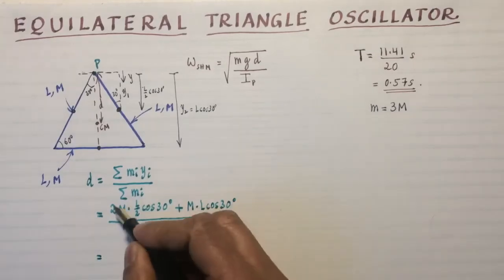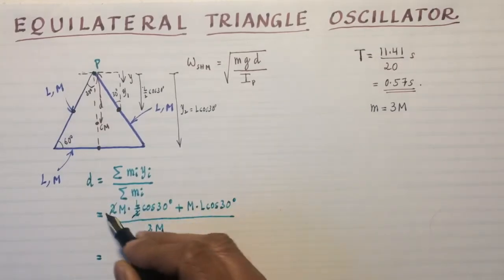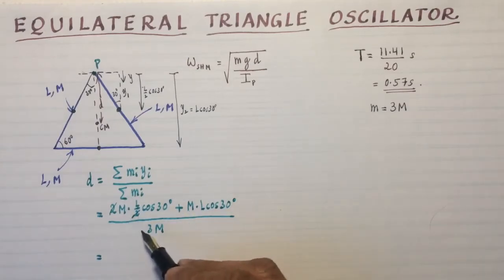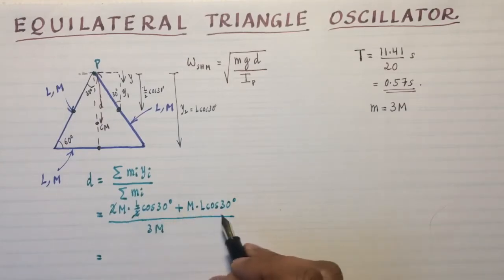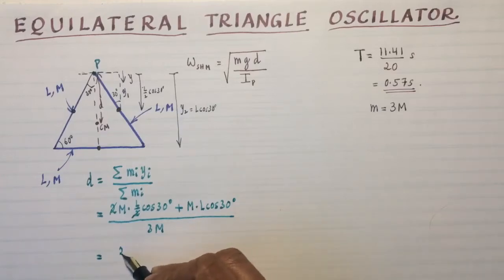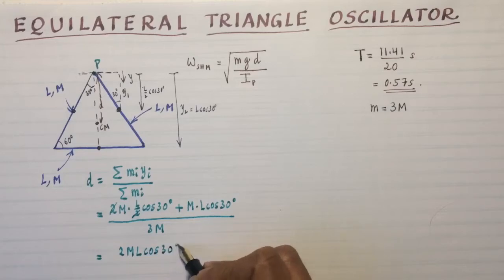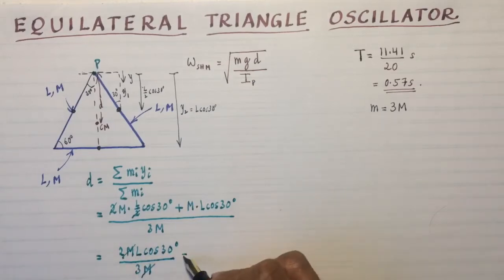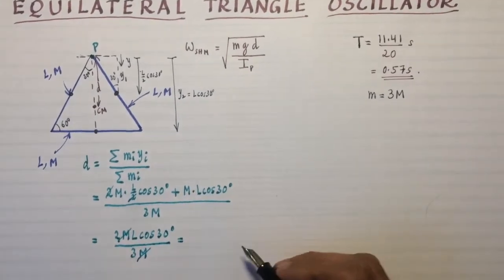Okay, let's see what happens here. You notice that the 2 and the halves cancel out, so I get 2 times ml cosine 30 degrees divided by 3m. We'll cancel out the m's and substitute what cosine of 30 degrees is.